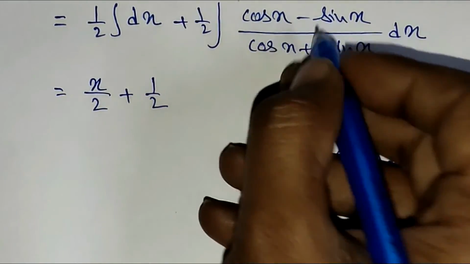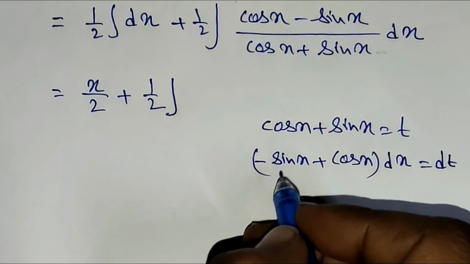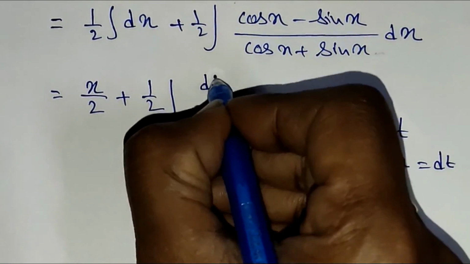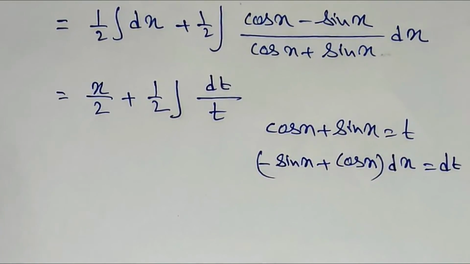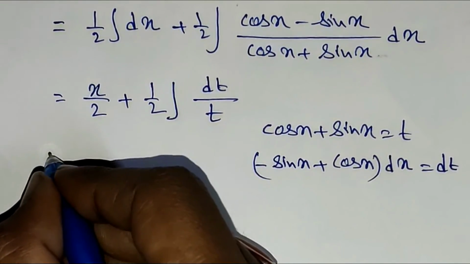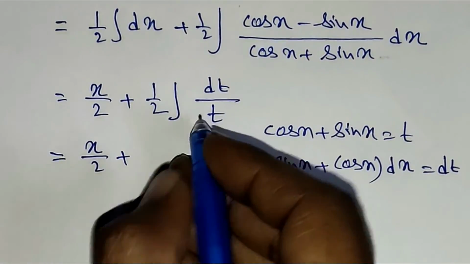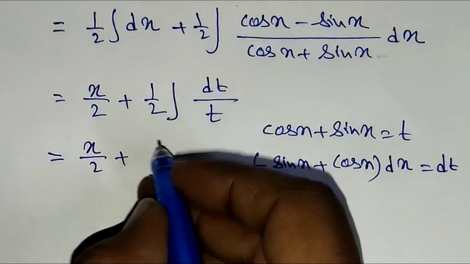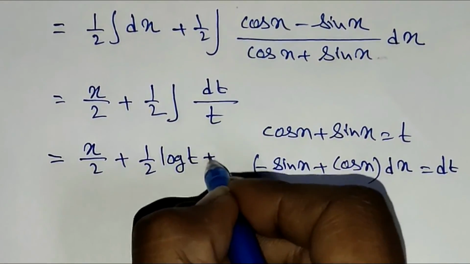So we can write the integrand as integration dt by t, which is equal to x by 2 plus integration dt by t is log t, so half log t plus c.